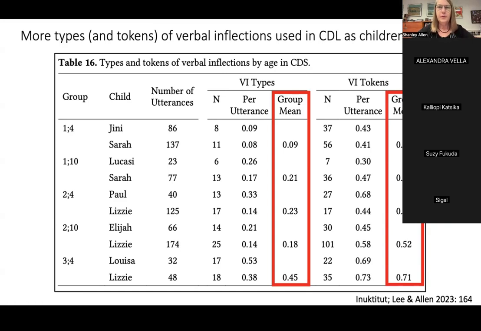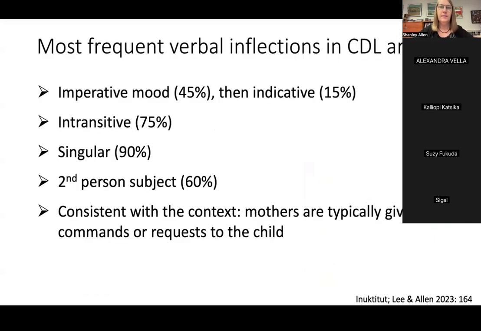Yeah, the number of verbal inflections by types and by tokens increases over time. And then we were interested in what those verbal inflections are. And so we found that the most frequent mood in child-directed language in Inuktitut was the imperative mood, accounting for about 45% of inflections, and then the indicative for about 15%.